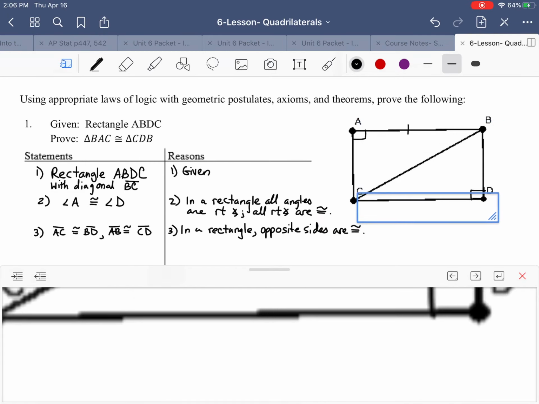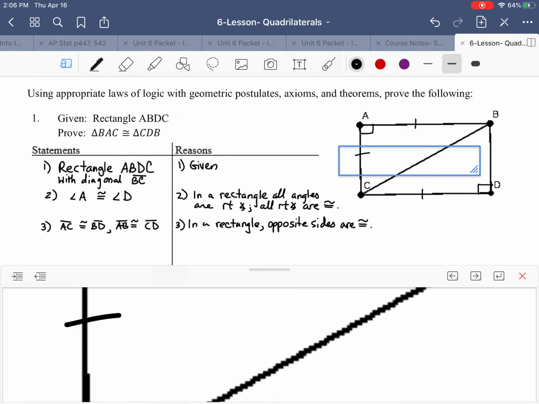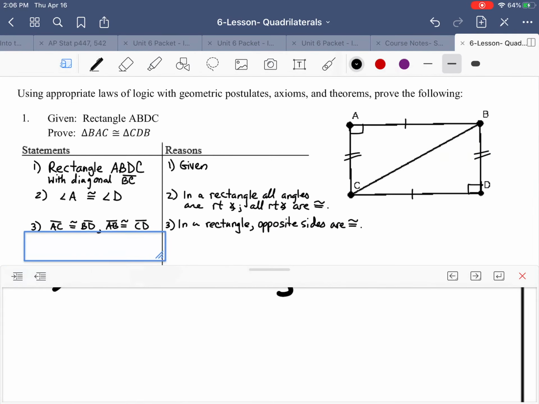So we get a little tick mark here and another, and so on. That'll pretty much do it, because now we have side angle side.